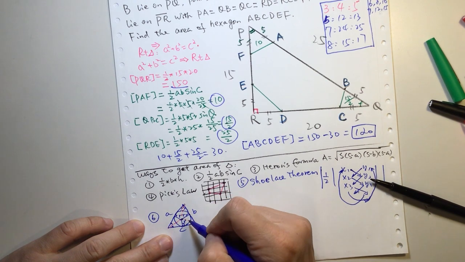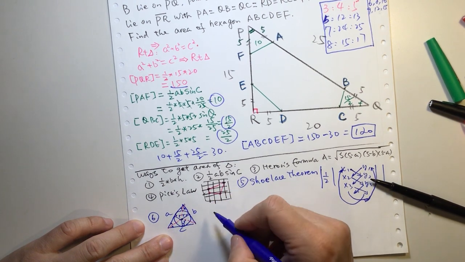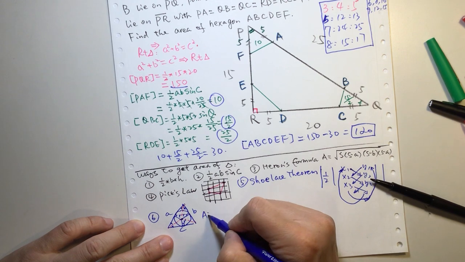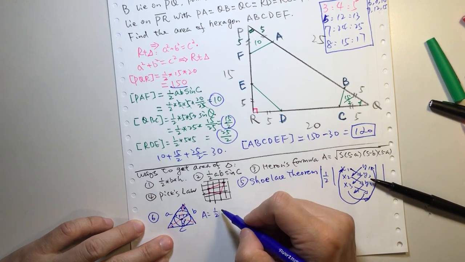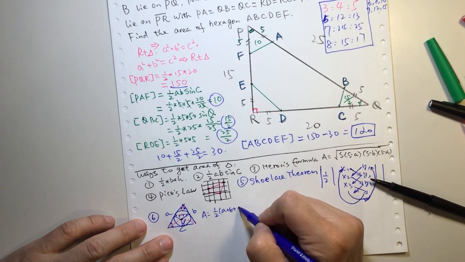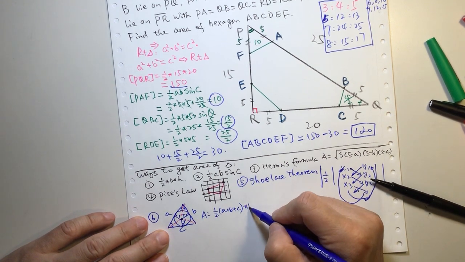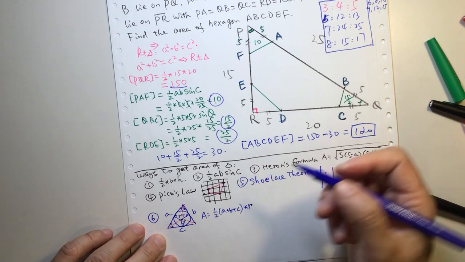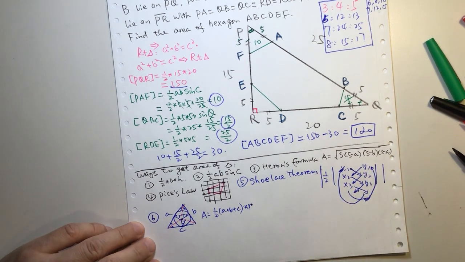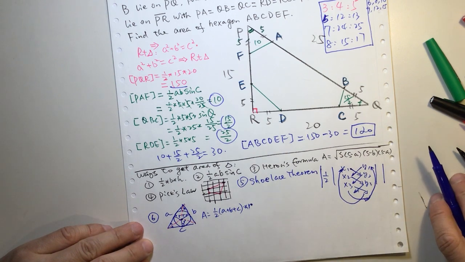I don't want to waste time talking more about this. The area will be 1/2 of A plus B plus C, that's 1/2 of the perimeter, times R, right? That's another way to calculate the area of a triangle.